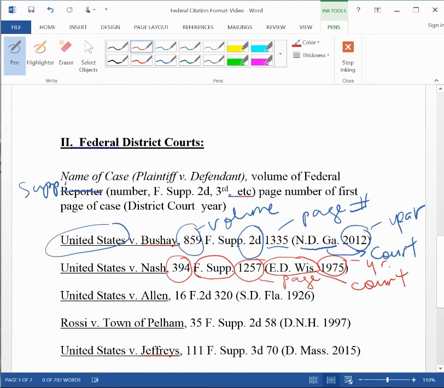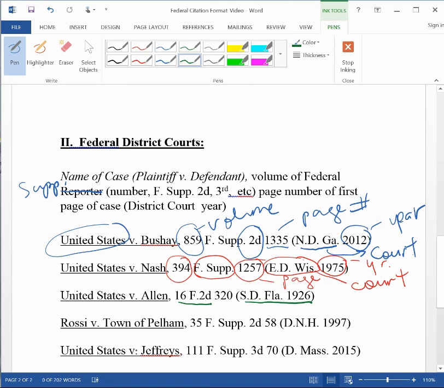So let's go through another example. United States versus Allen. This made the wrong one. This is actually a Federal Court of Appeals case. So United States versus Allen, this is F second, and this is an old case reported in the Southern District of Florida in 1926.